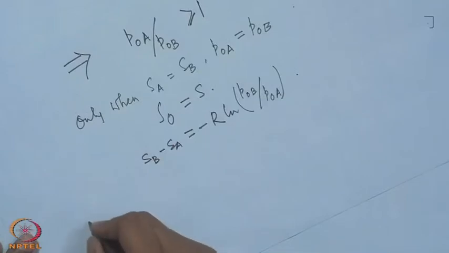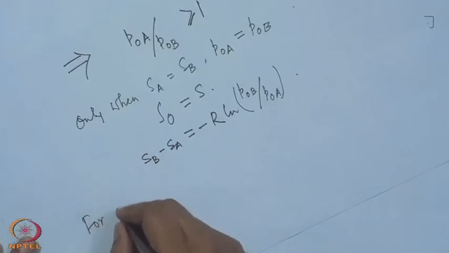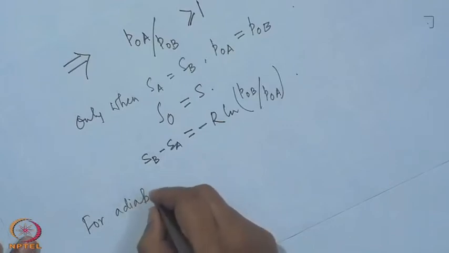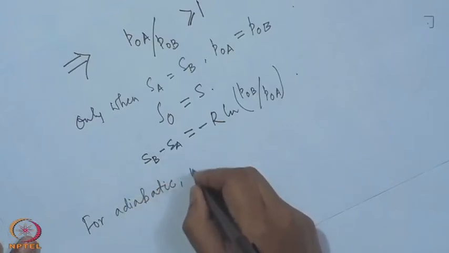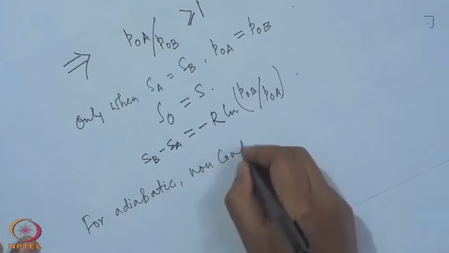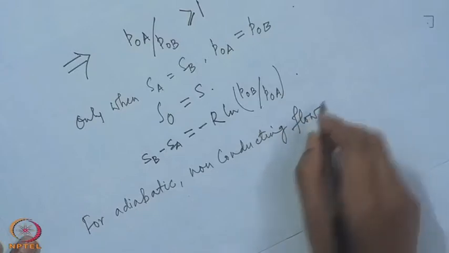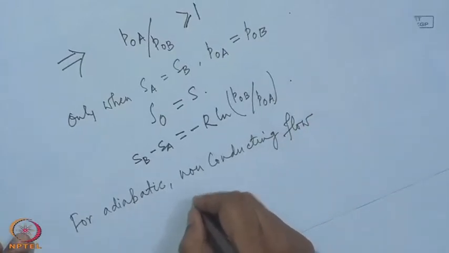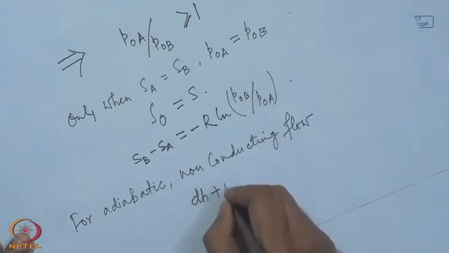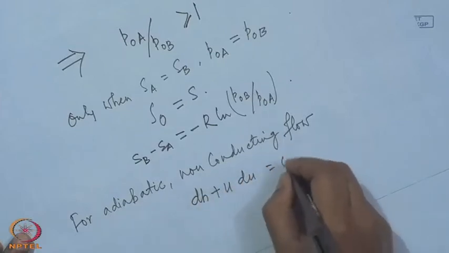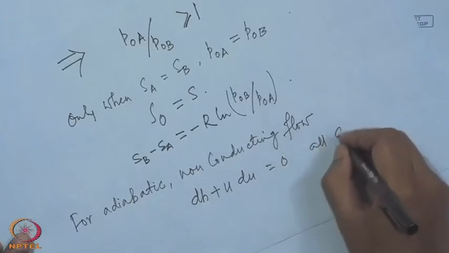also isentropic. So, for an adiabatic non-conducting flow, we have the energy equation dh plus u du equal to 0 all along the flow.